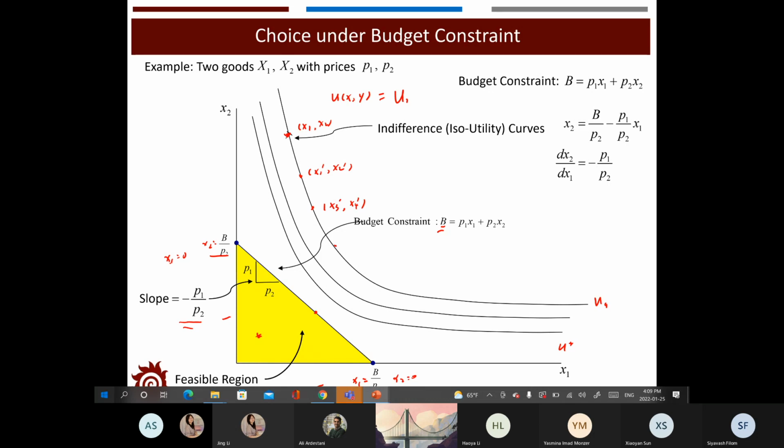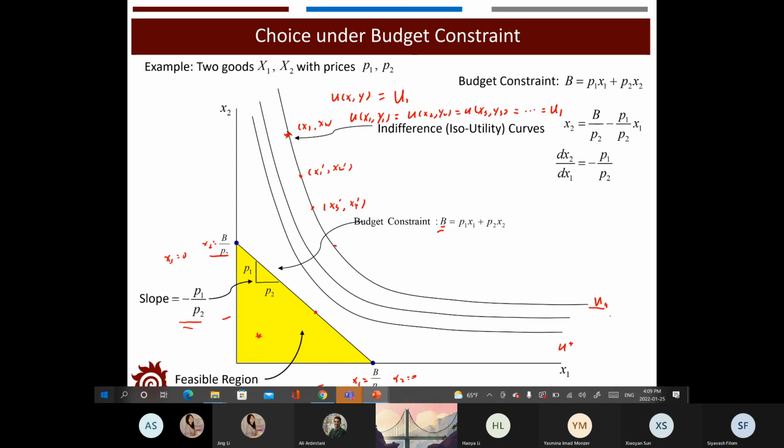So u(x1,y1) equals u(x2,y2), u(x3,y3), and so on, equal to u1. That's for one indifference curve, or iso-utility curve.